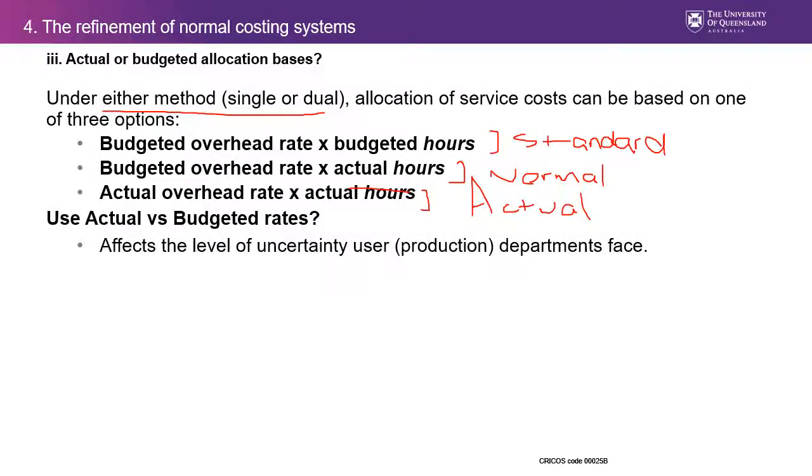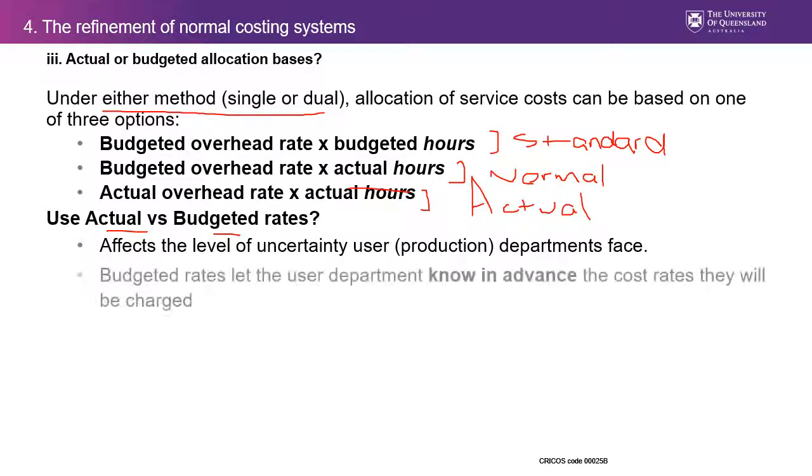Okay, so whether we choose to use actual or budgeted rates affects the level of uncertainty departments face. So remember we said using a budgeted rate provides more certainty because we can calculate that rate at the beginning of the accounting period. Whereas using actual rates means that we have to wait till the end of the accounting period to calculate the rate.